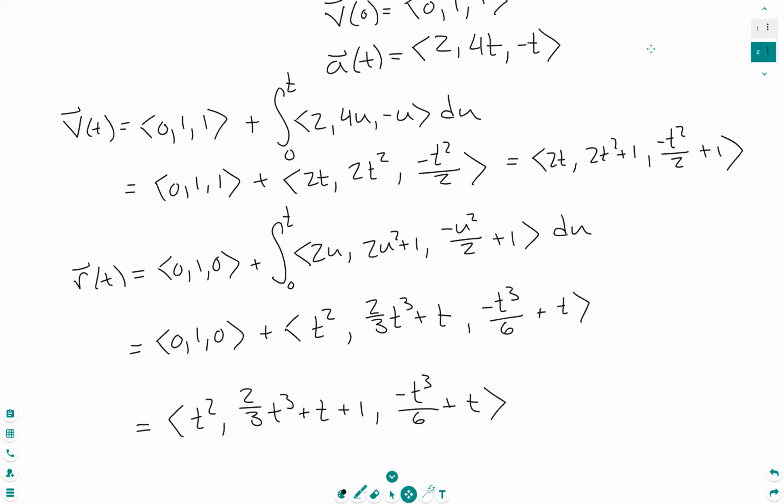Okay, so I think this next example merits its own page. It's a little bit of a word problem. So let's write down our little prompt.